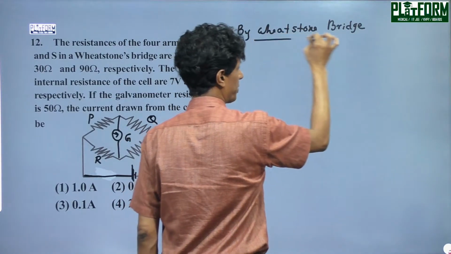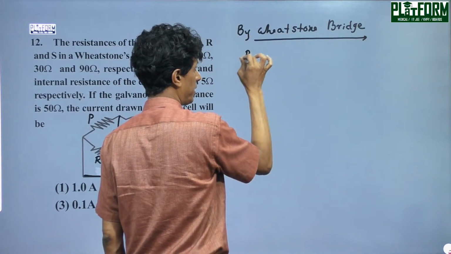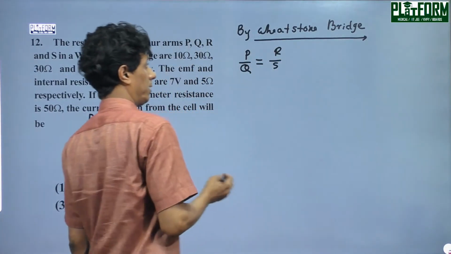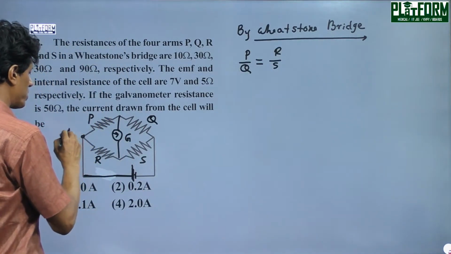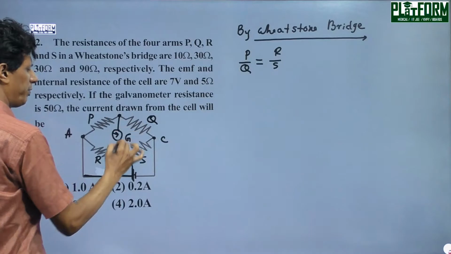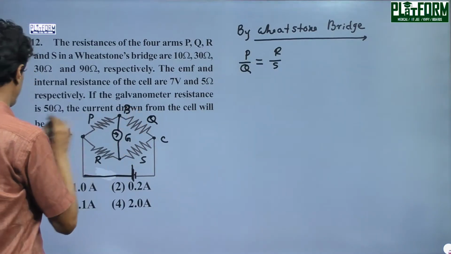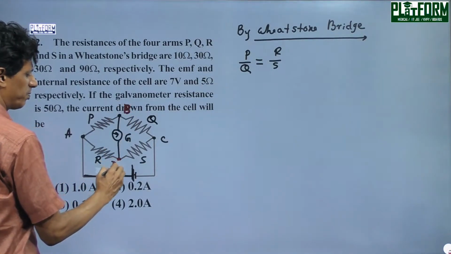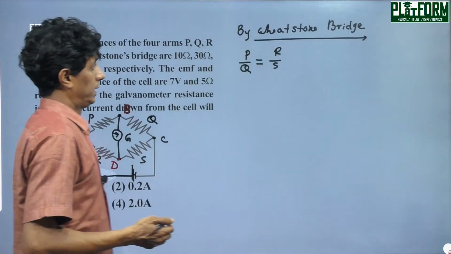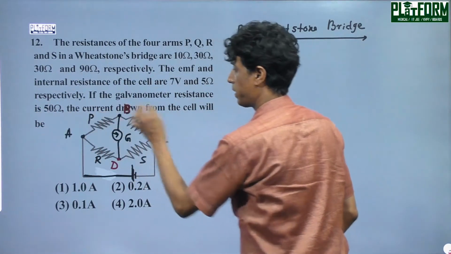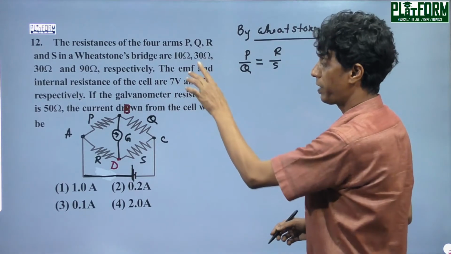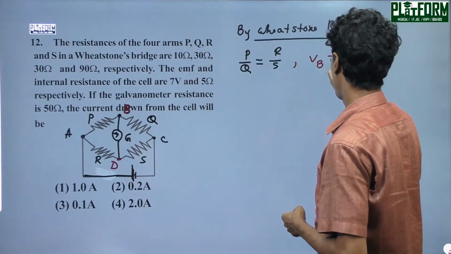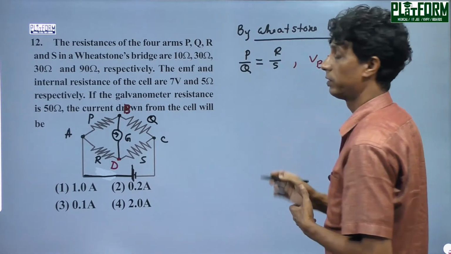By Wheatstone bridge principle, it is clear from the problem that P by Q is equal to R by S, and you can find the resistance across A and C. Let us say this point is B and this point is D. Since in this problem P by Q is equal to R by S, no current passes through the galvanometer, because potential of the point B and the potential of point D are equal.